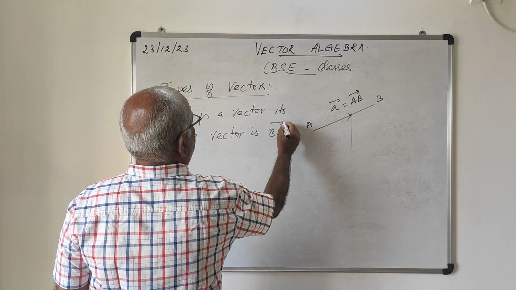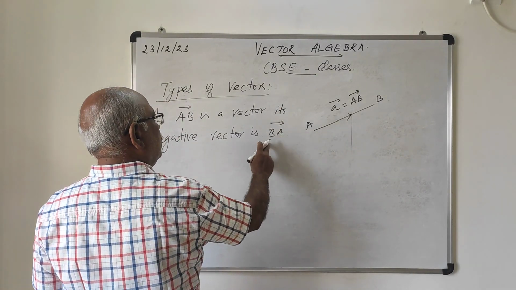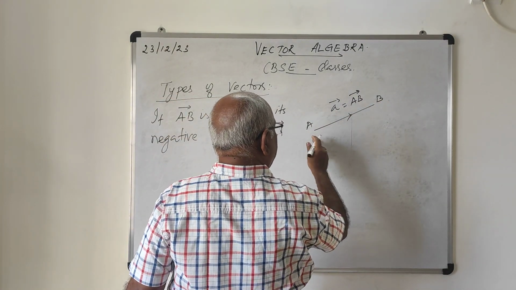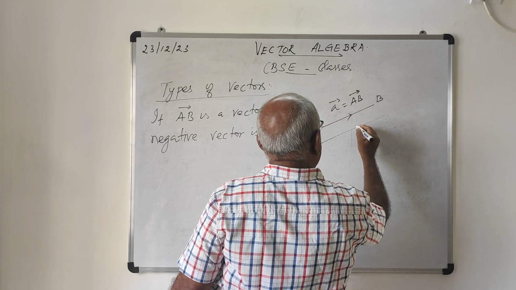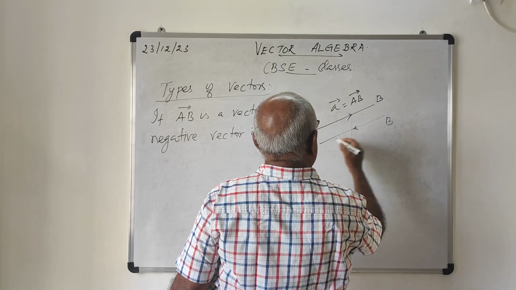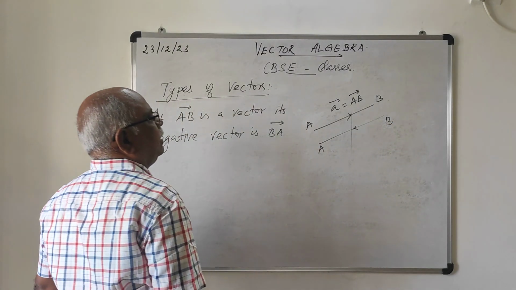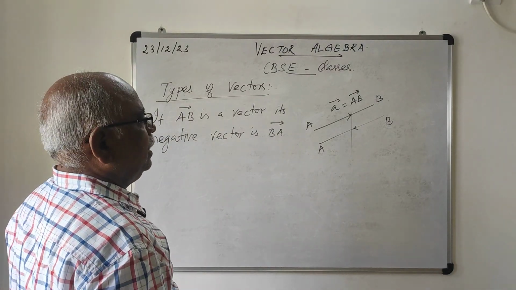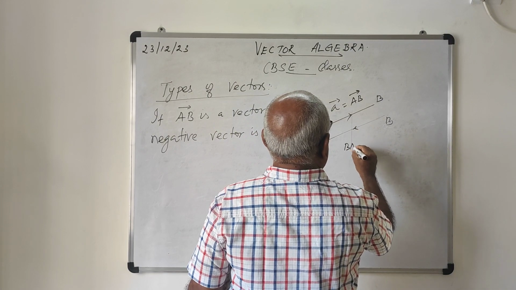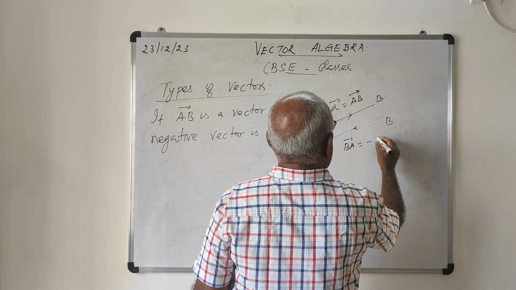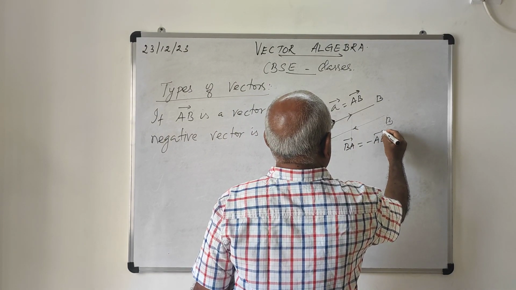The negative vector is defined by BA, initial point B, terminal point A. BA is the negative vector of AB. Its direction is from B to A.